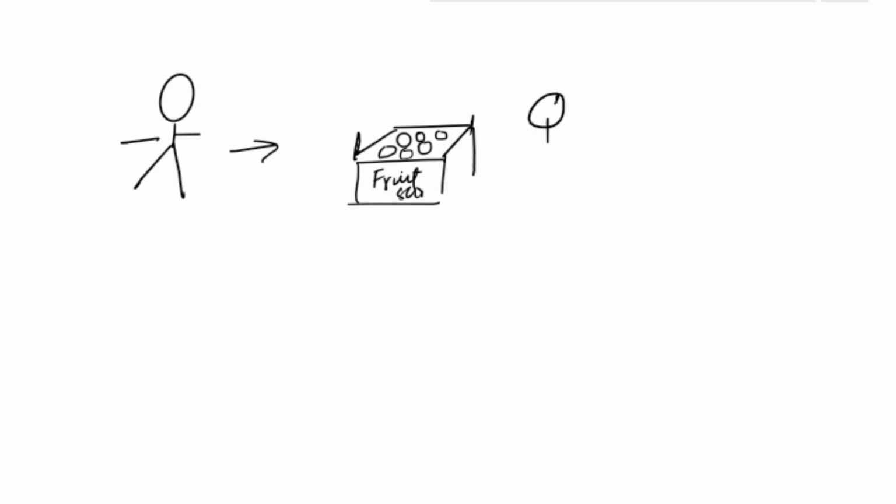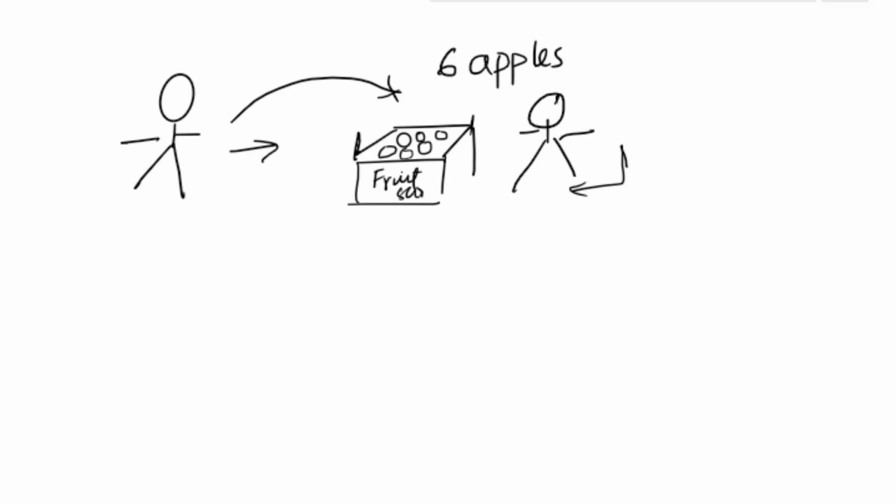Another person comes to him and asks him to give him 6 apples. So what will this shopkeeper do? He will get some shopper or some box and try to pick the apples from this place and put them here.